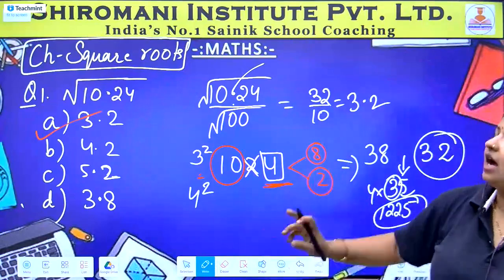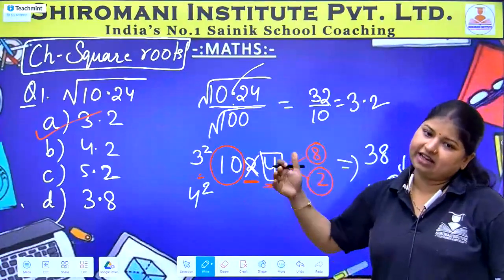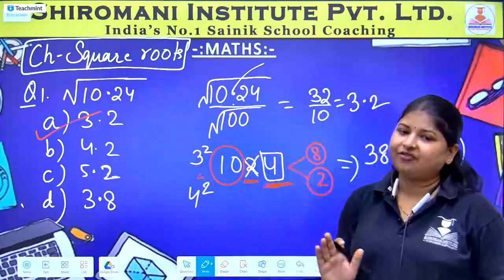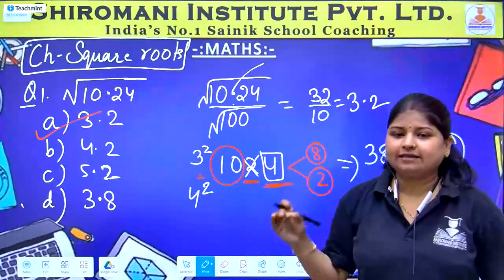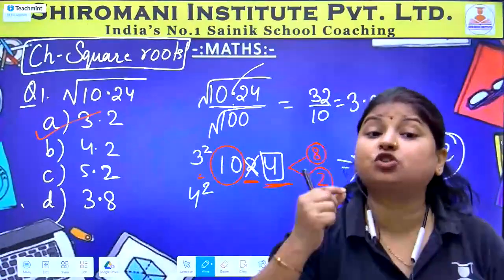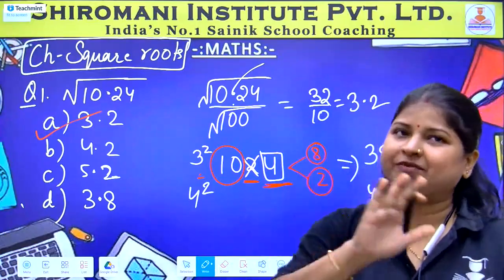Okay. So now after that, you will forget the tens place. Cut that digit at the tens place, the number which is less. So I have 10 left. You have to see that this 10 comes between which two square numbers. Not like, ma'am, 10 comes between 9 and 11.